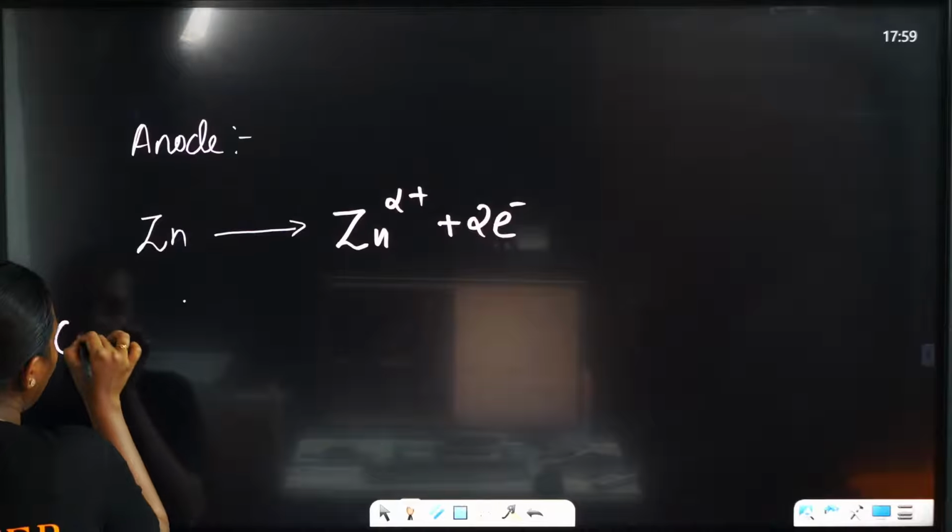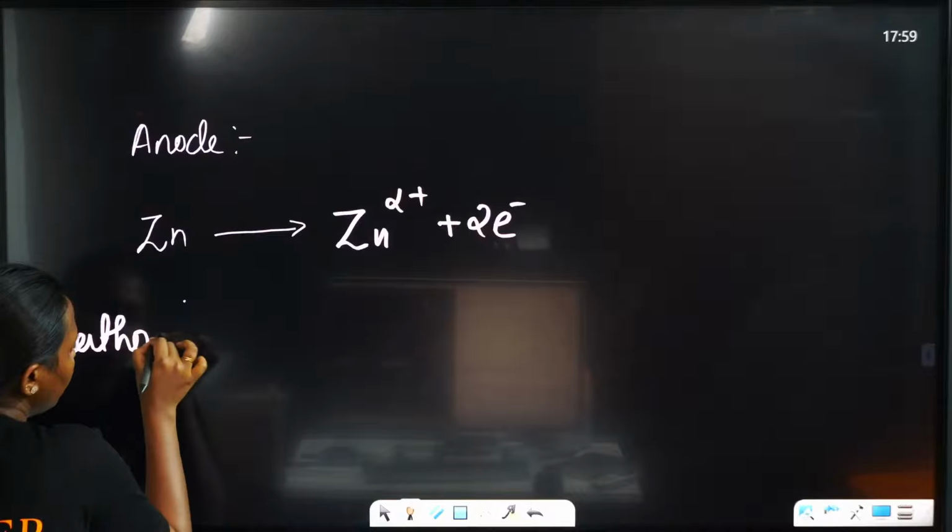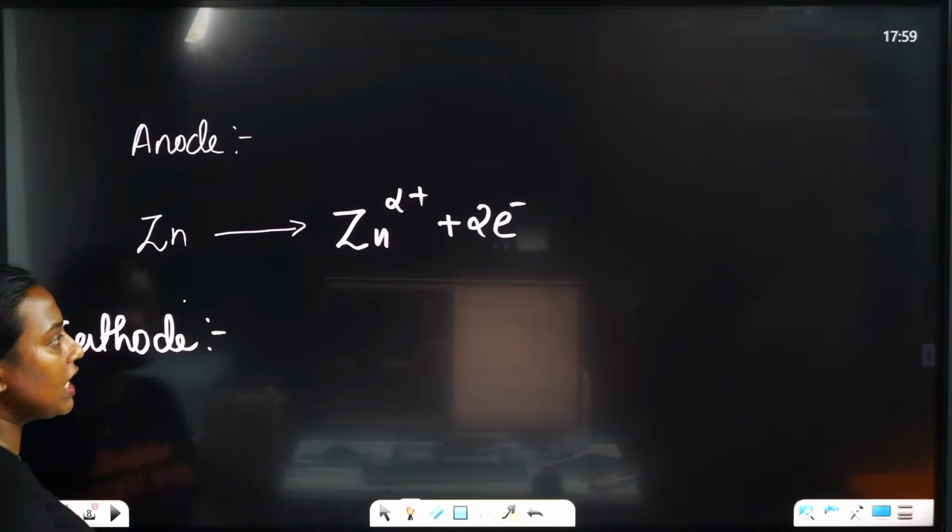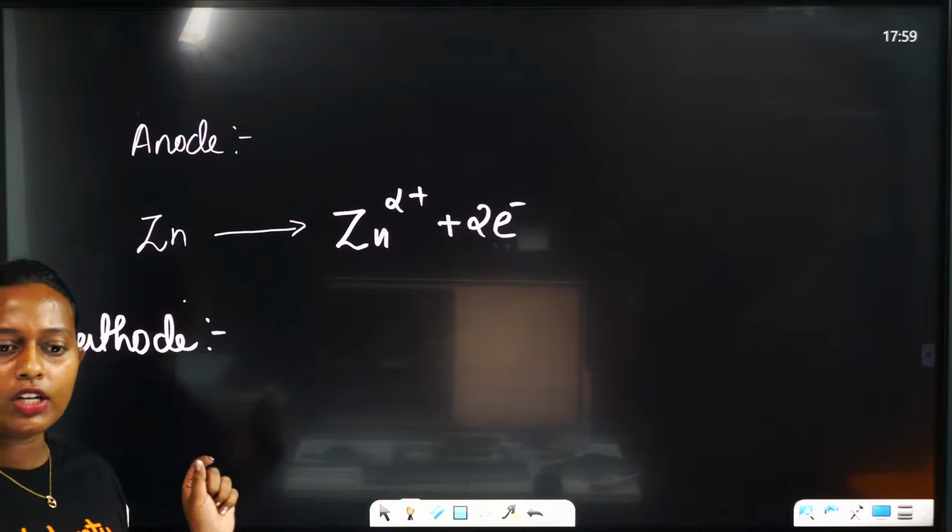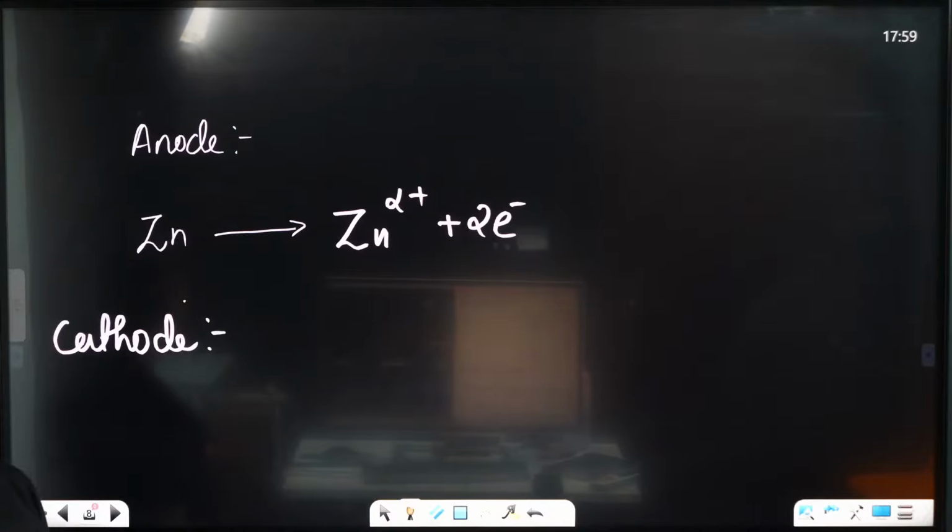So I am going to write the cathode reaction. You can also write in the chat box what the cathode reaction is. So what happens at the cathode?